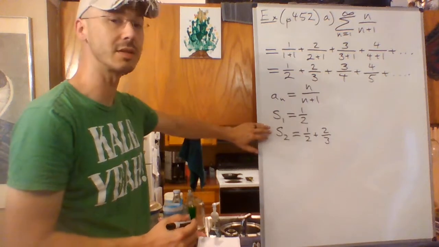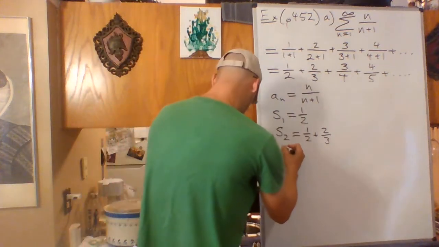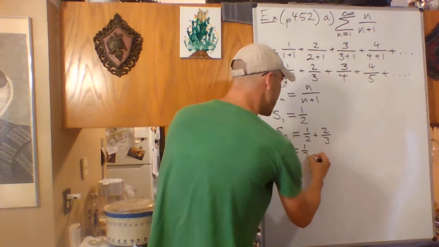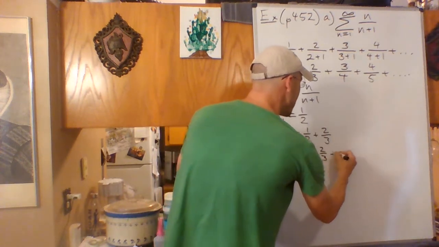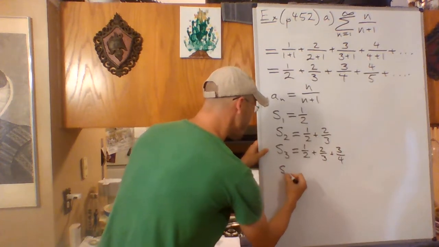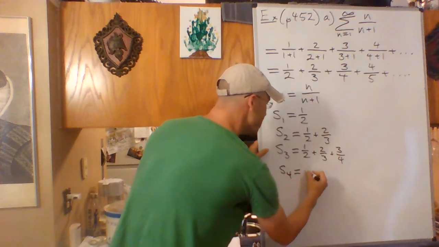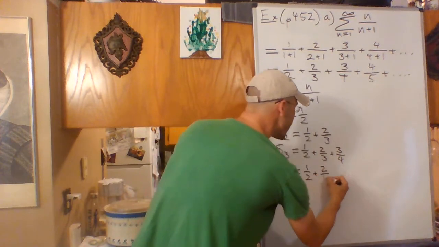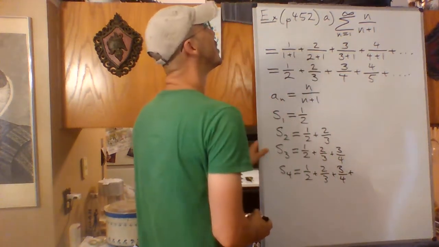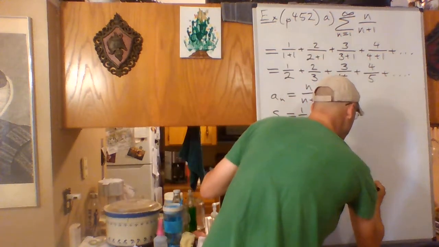I'm going to come back to this in a moment. Let's just list out a couple more. The third partial sum, 1/2 plus 2/3 plus 3/4. And the fourth partial sum, S4, is 1/2 plus 2/3 plus 3/4 plus 4/5.